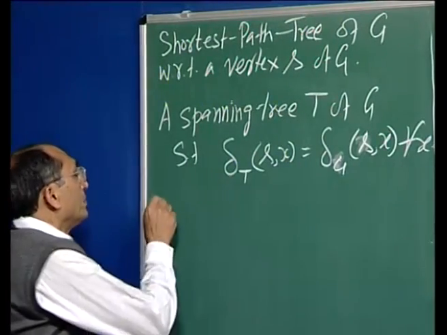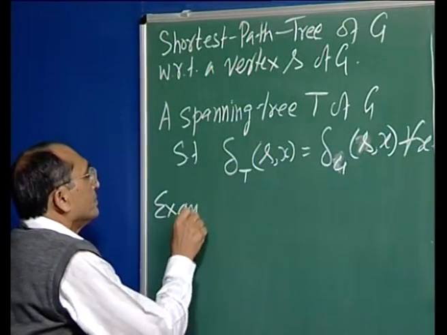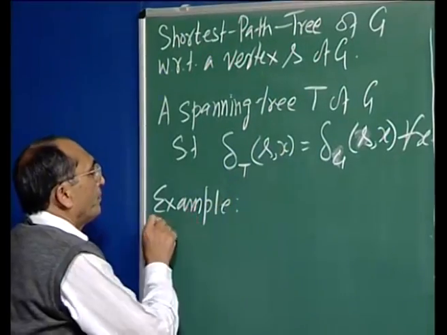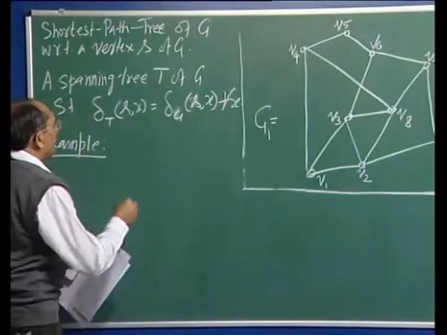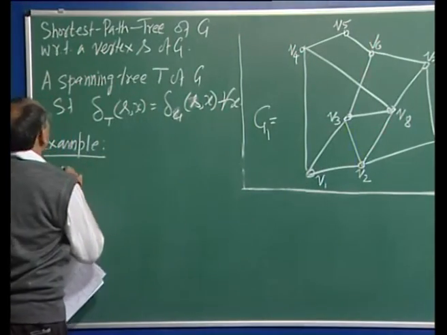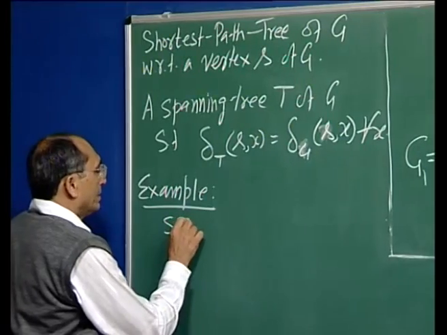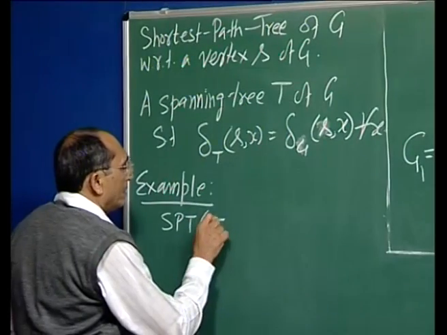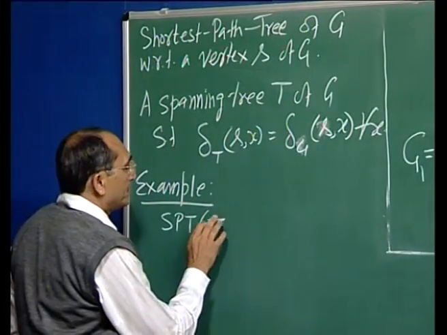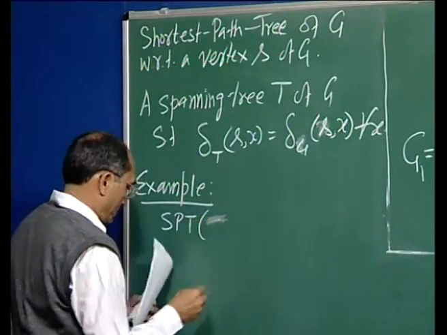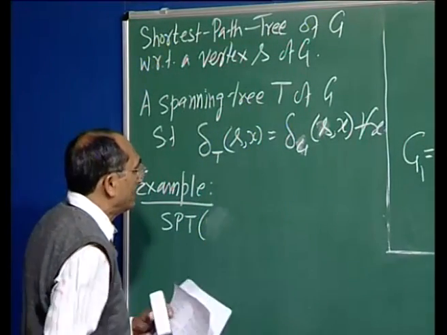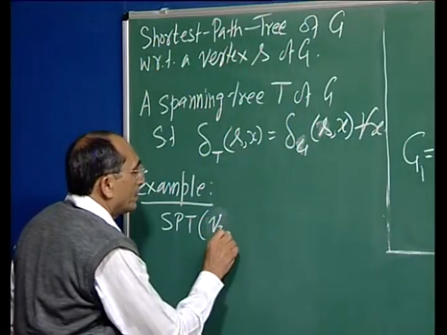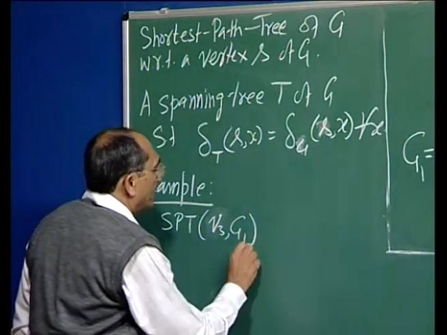So, let us take an example. Consider the graph G1 and vertex V3. The shortest path tree of V3 in the graph G1.